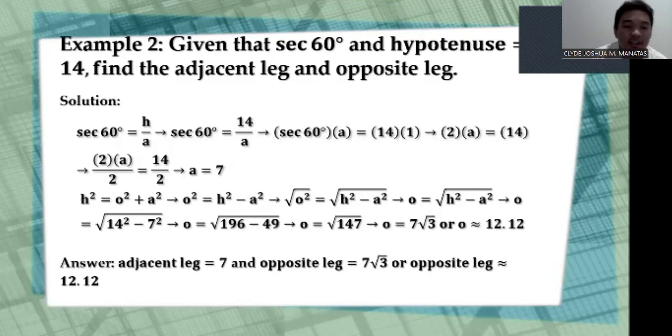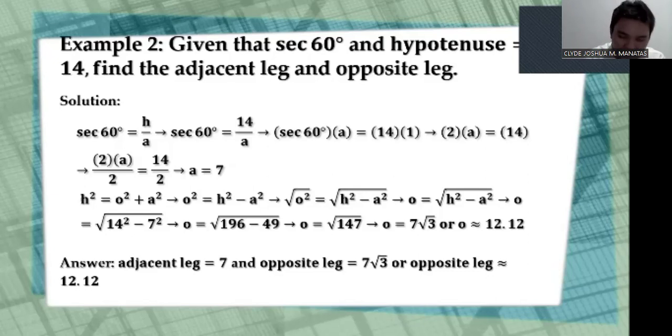So the answer: the adjacent leg is 7 and the opposite leg is 7 square root of 3, or approximately 12.12. Do you have any questions?